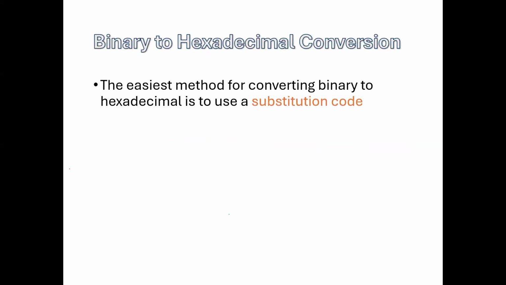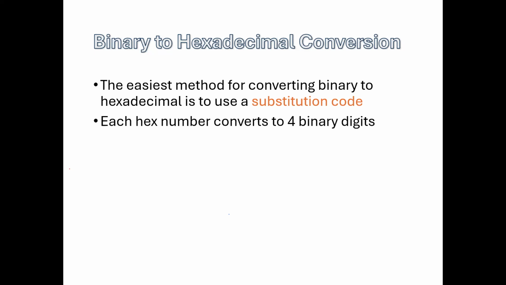How am I going to convert from base 2 to hexadecimal? For that, if I don't want to write any mathematics or lines of math, I can use substitution code.